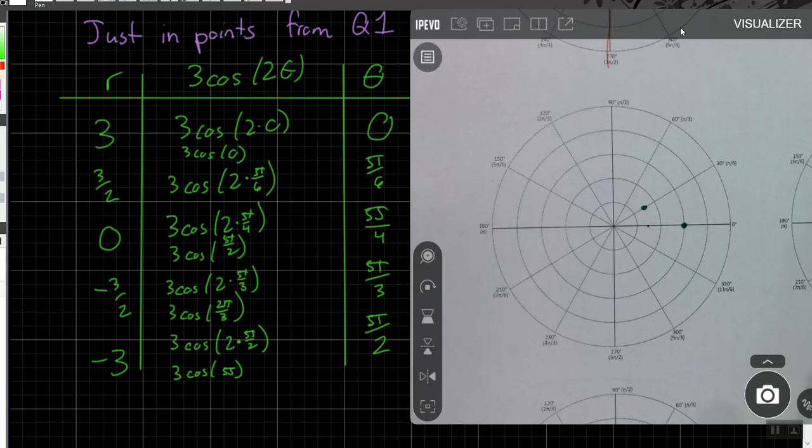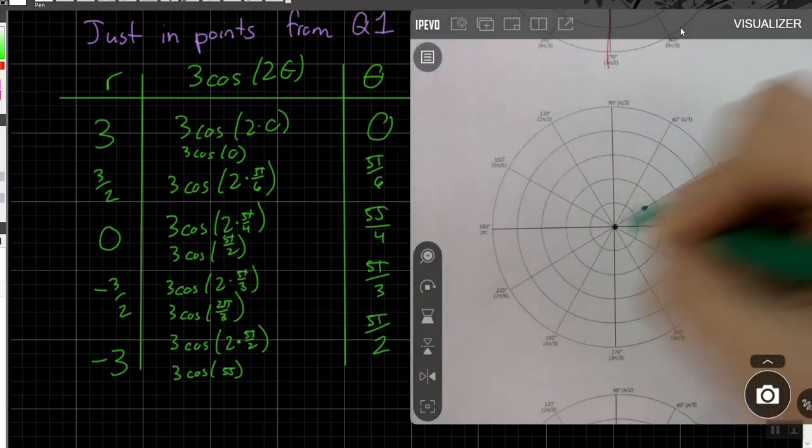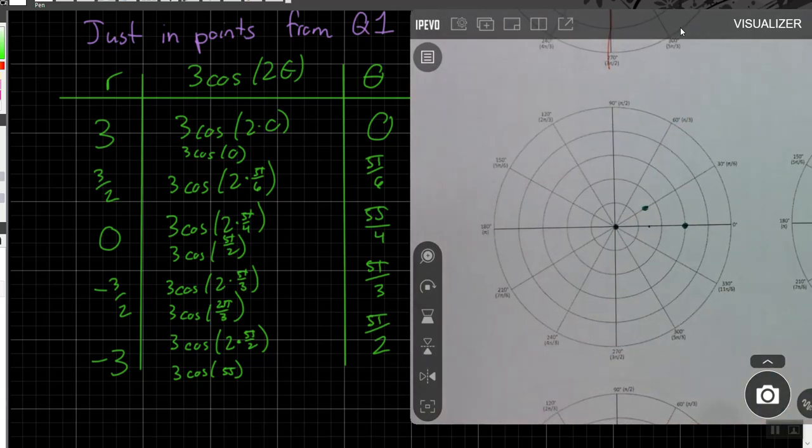I would connect the lines and we can talk about something exciting. You guys all got it. Next one was 0, pi fourths.